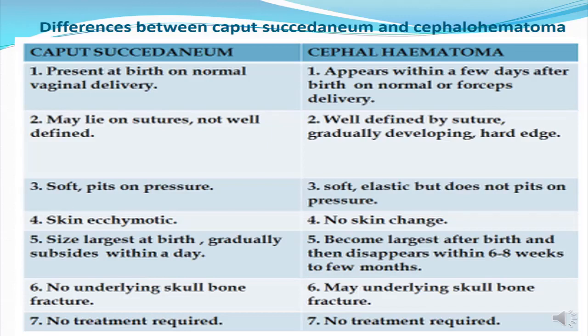For example, cephalhematoma might persist for 6 to 8 weeks or even more, while caput might persist just a few days and disappear. There might be a fracture with cephalhematoma but not in caput, and there is no treatment for both conditions.